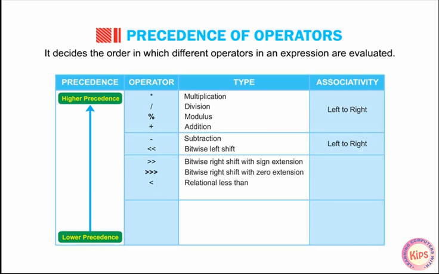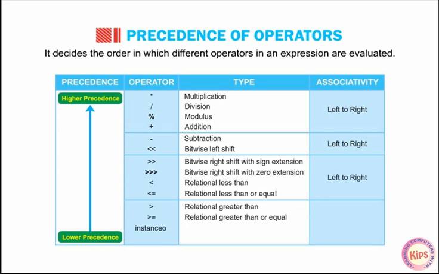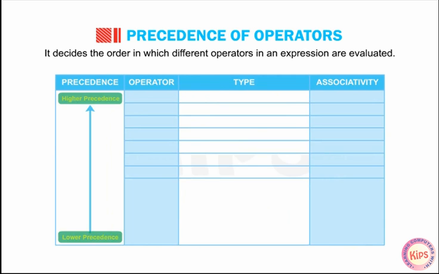Relational less than. Relational less than or equal, left to right. Relational greater than. Relational greater than or equal. Type comparison, object only. Relational is equal to, left to right. Relational is not equal to, left to right. Bitwise and, left to right.